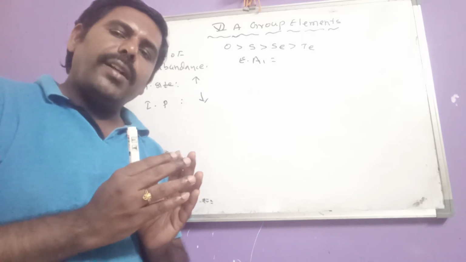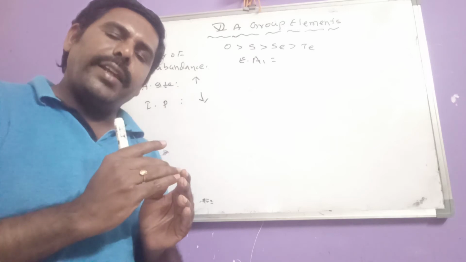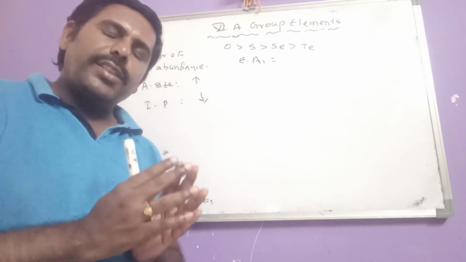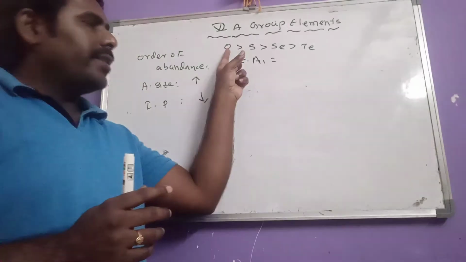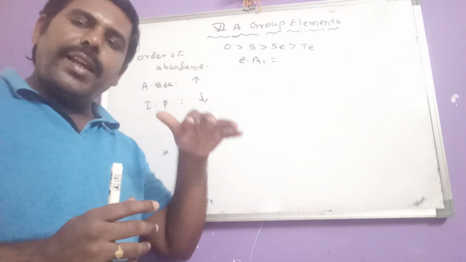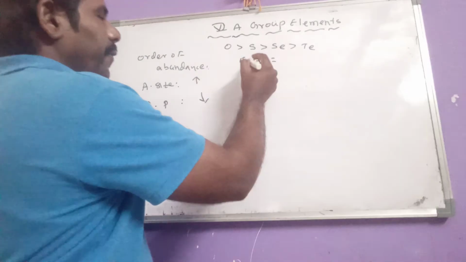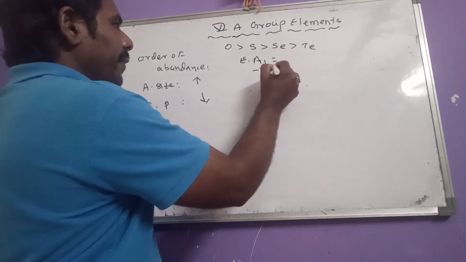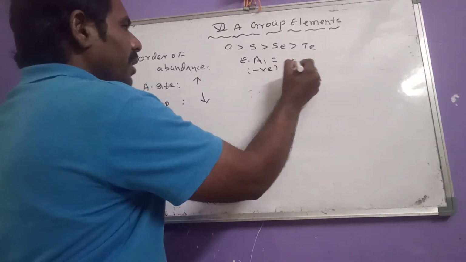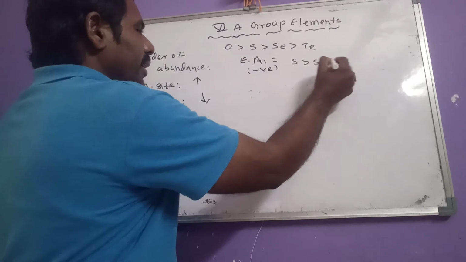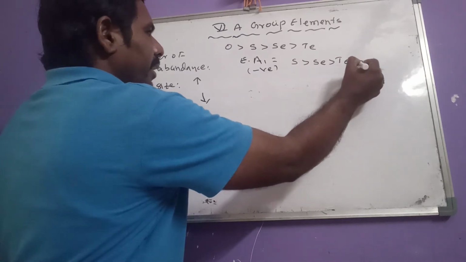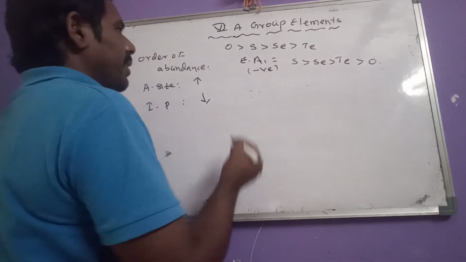So it does not easily accept an electron. That's why oxygen's electron affinity is less than that of all those elements. The first electron affinity has a negative value. The order is sulfur greater than selenium greater than tellurium greater than oxygen.